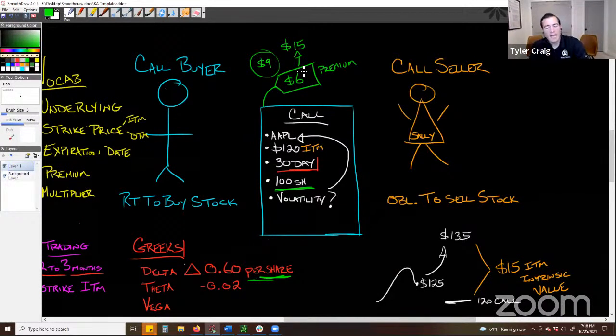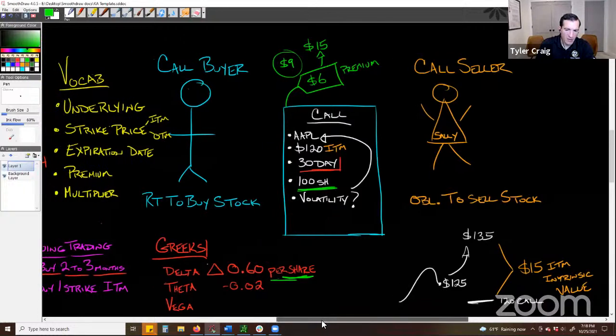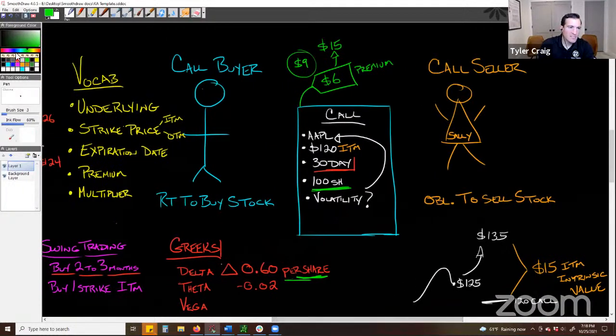Now, I am being optimistic here, showing you a winning example. The truth is you could lose. Stock might go down. But your dollars at risk are still less when you buy a call than when you buy stock. And so when you think about the risk versus the reward of buying a call option, your risk is limited to what you pay.